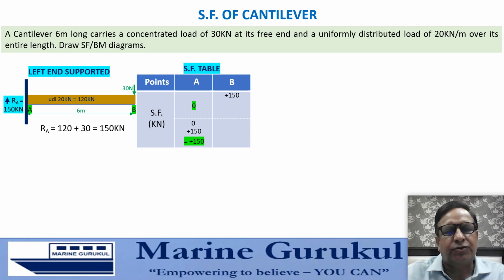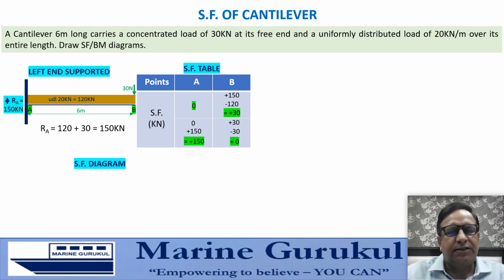The change from just right of A to just left of B is minus 120, making the shearing force just to the left of B as plus 30. We carry forward plus 30 and then the minus 30, the concentrated load comes into picture, making the shearing force 0 at B. So as can be seen in the table, at A, the shearing force changes from 0 to plus 150, and at B, it changes from plus 30 to 0.